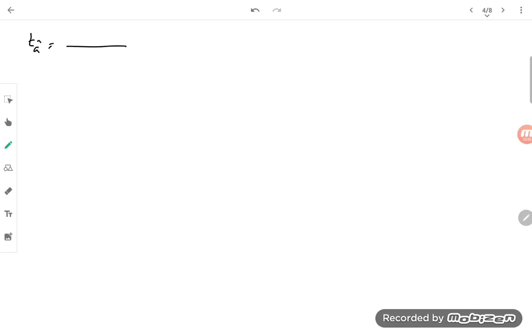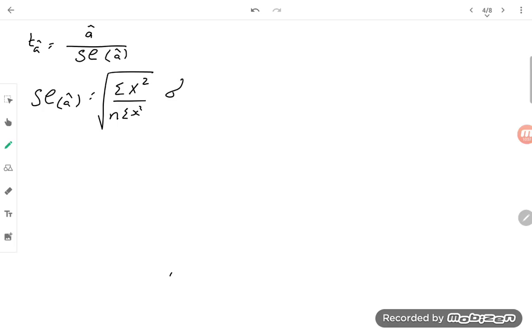The T ratio is calculated as a hat divided by standard error of a hat, and the standard error of a hat is calculated as the square root of summation x squared divided by n multiplied by small x squared, multiplied by sigma.